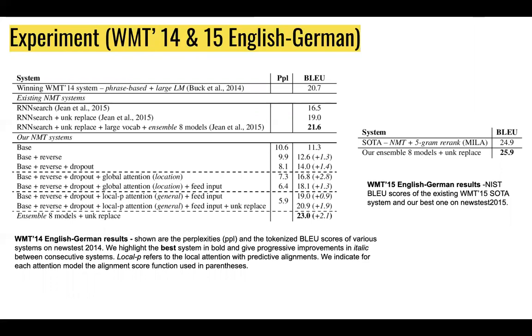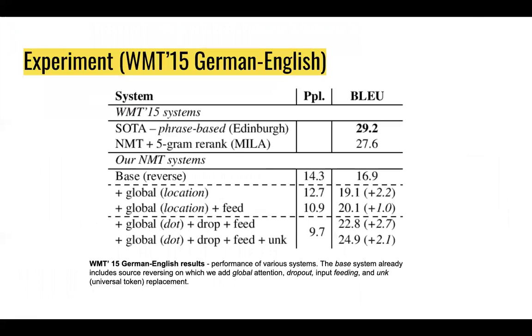And for the left figure in 2015, the performance has got 25.9 BLEU scores, which is 1.0 point BLEU over the SOTA one. But for the German to English translation, it didn't beat the SOTA one, but the performance is still good.